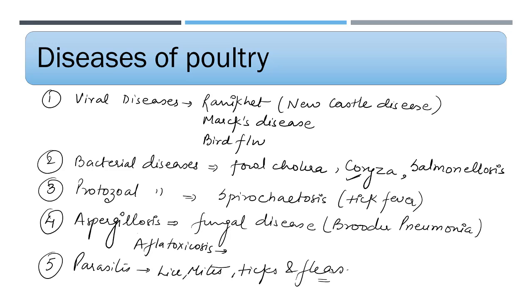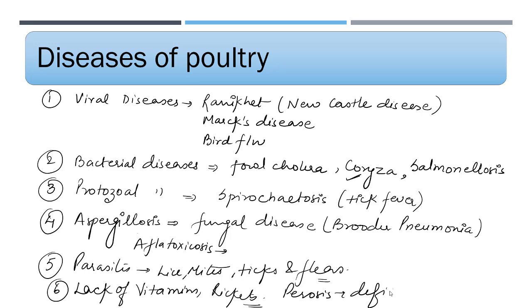Nutrition diseases: lack of vitamins, rickets, perosis. Perosis is the deficiency of manganese.